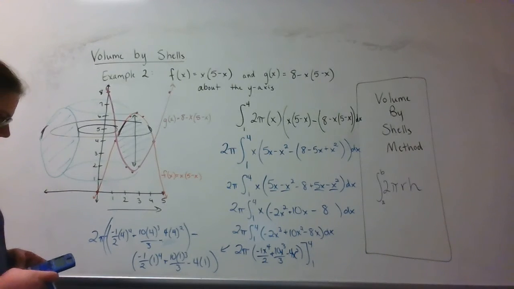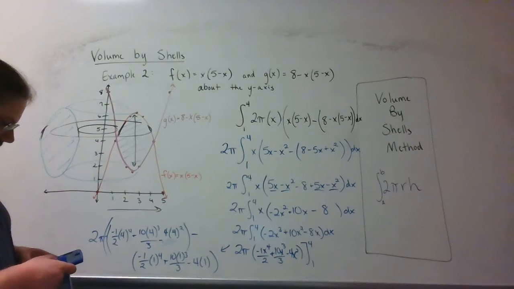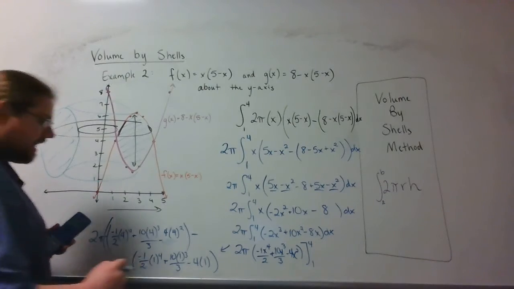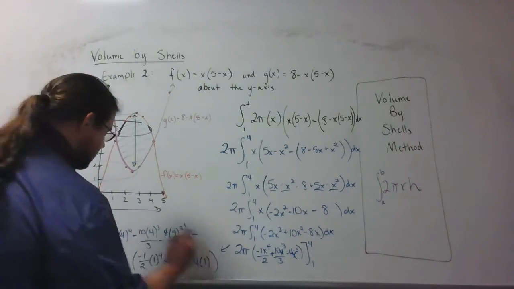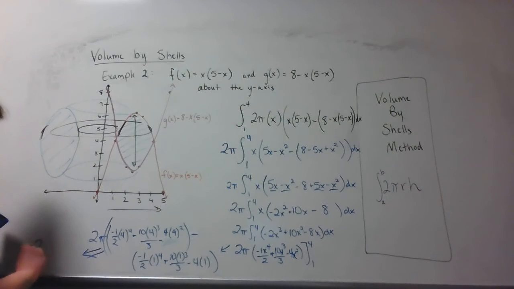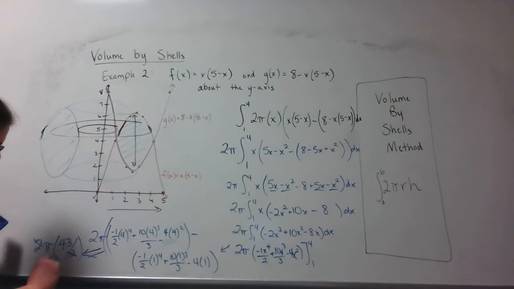I'm not going to write the 1 to the 4th because that's just going to be 1. 10/3, again, 1 cubed is just 1, minus 4. That saves me some time in the calculation phase. And so what I got after I did all of that stuff together, the calculator gave me, and I'll write it over here, 2 pi times 43 over 2. So the 2's are going to cancel out. My final answer is going to be 43 pi.